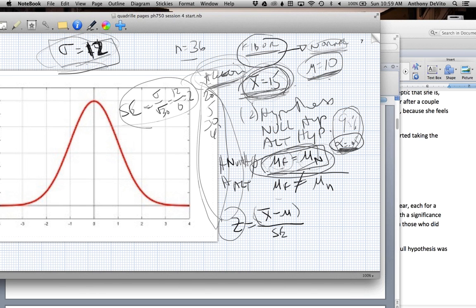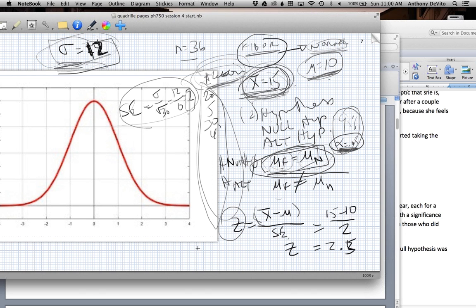How many z-scores apart are these two values? Turns out, let's see, 15 minus 10, and the standard error we just decided was 2 because standard deviation was given to us. Okay, that's going to be equal to 2.5.